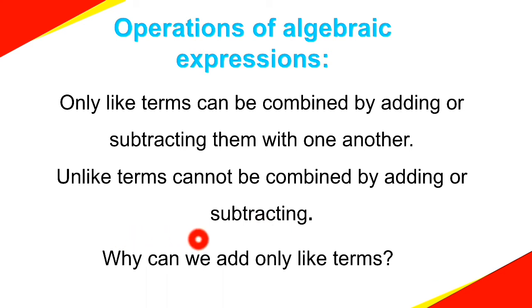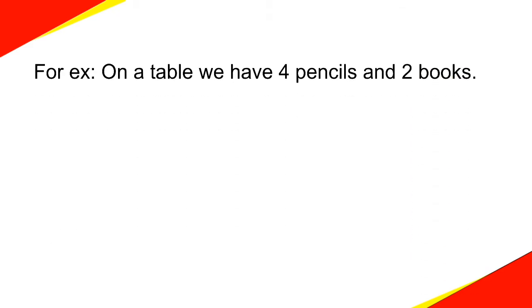Why can we add only like terms? Can anyone guess? For example, on a table we have 4 pencils and 2 books. Can we add them?